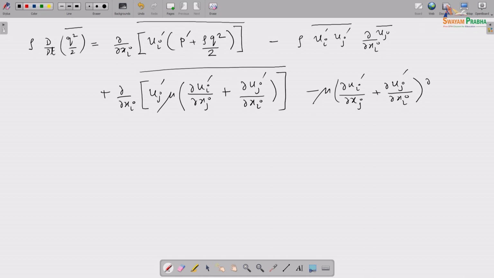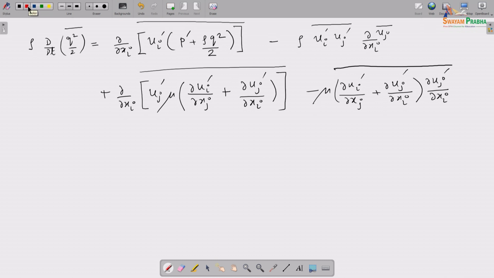And again we take a time average of that. Now essentially we have these terms, so I'm going to write them out.